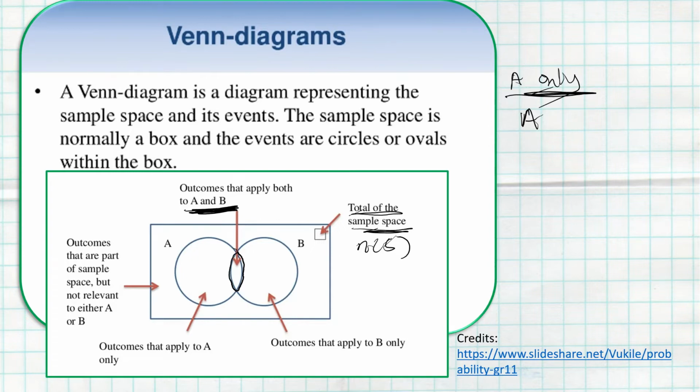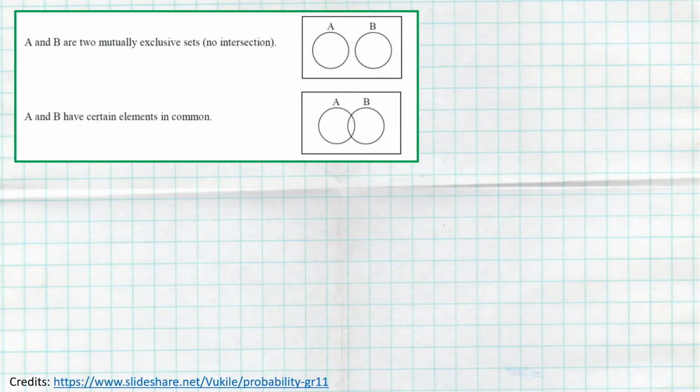Let's have a quick look at this, although we've covered it in the previous session, just as a reminder or revision. We said that events can be mutually exclusive, which implies they cannot occur at the same time. That is, there's no intersection between the two.